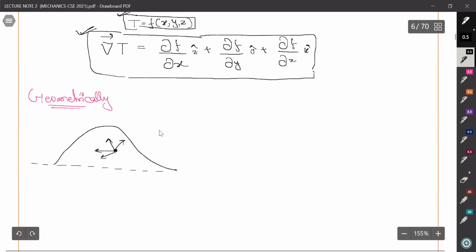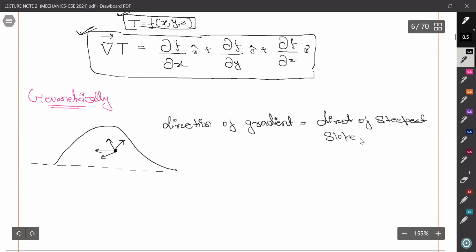So how can we geometrically find out the direction of gradient? The direction of gradient will be the direction of steepest slope.